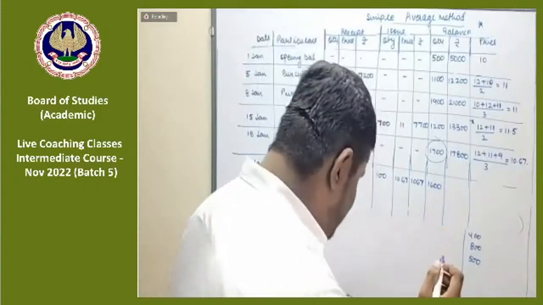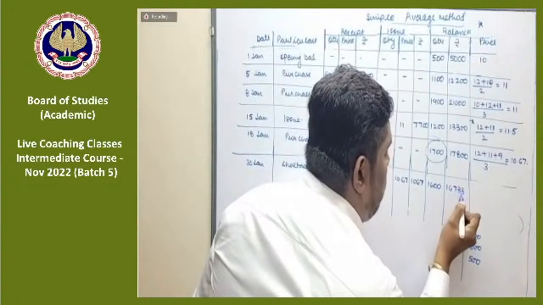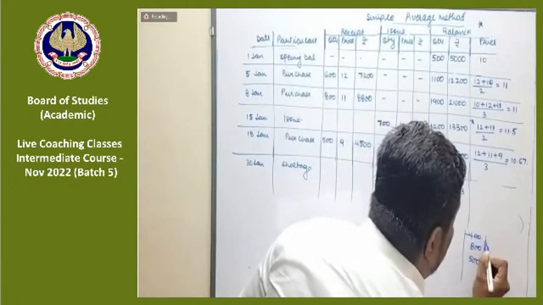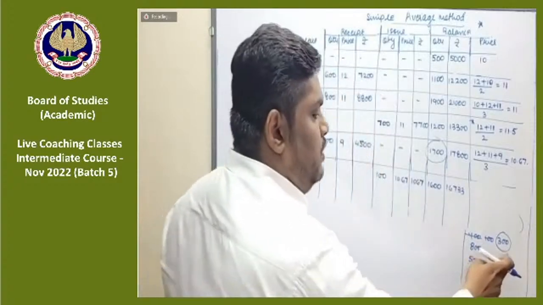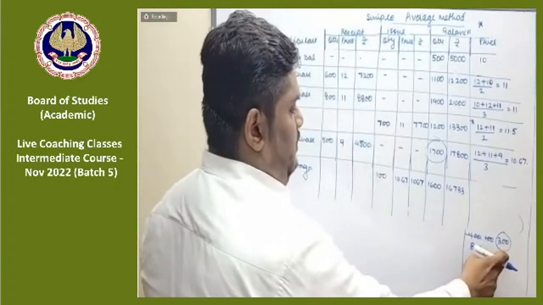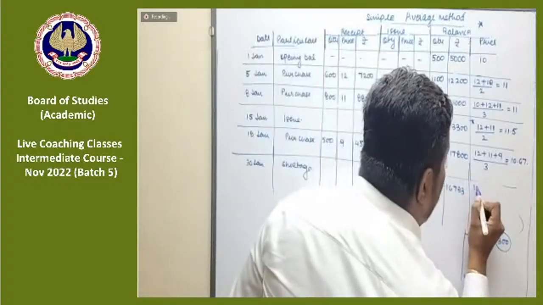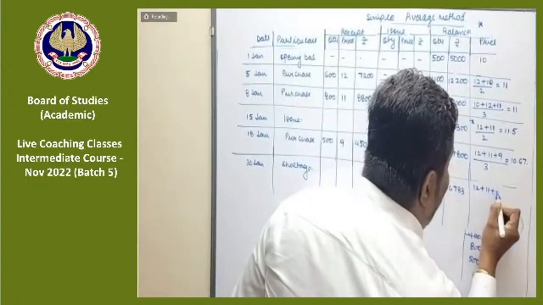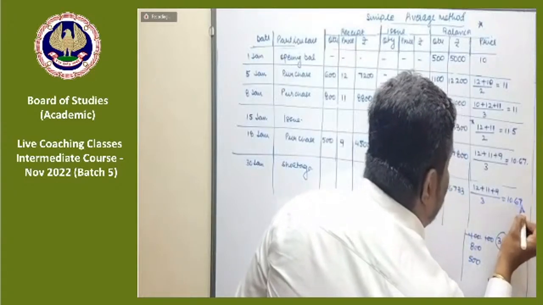So this will be 16,733. Again, 100 units are short from this piece. So again, we have 300 units left out. So we have again three lots of raw material, that is 300, 800 and 500, of the 12 rupees lot, 11 rupees lot and 9 rupees lot, divided by 3. So again 10.67.